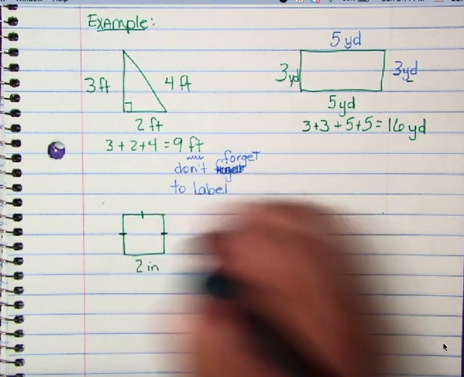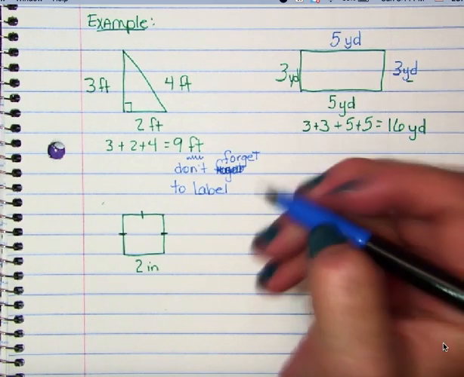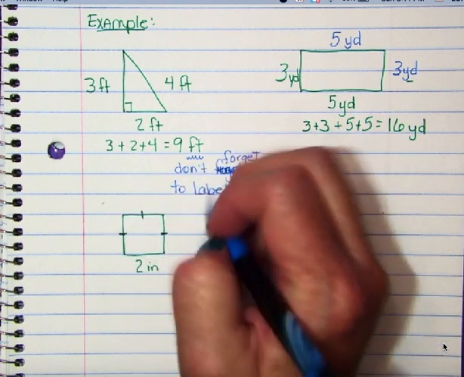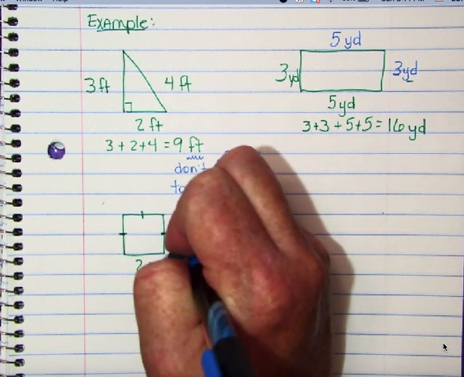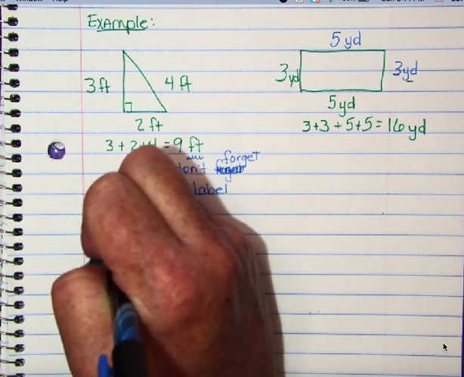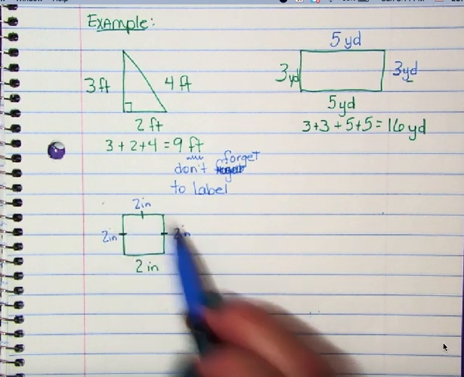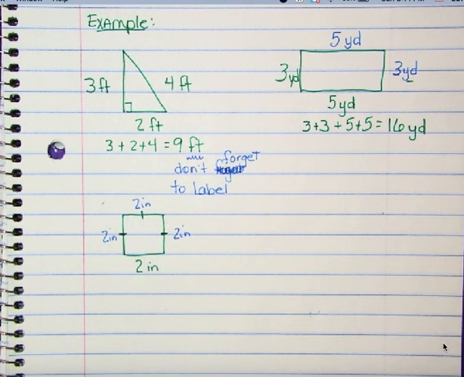Just a short little line like that. And what that means is each of those sides is the exact same length. It's part of how you know it's a square. So he's 2, he's 2, and he's 2. And you don't have to label if you know all of them are the same size.